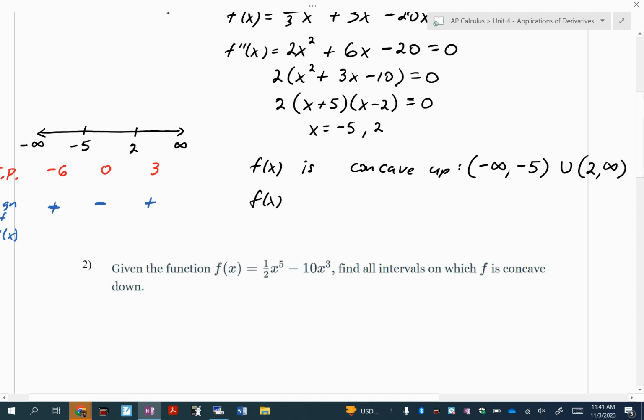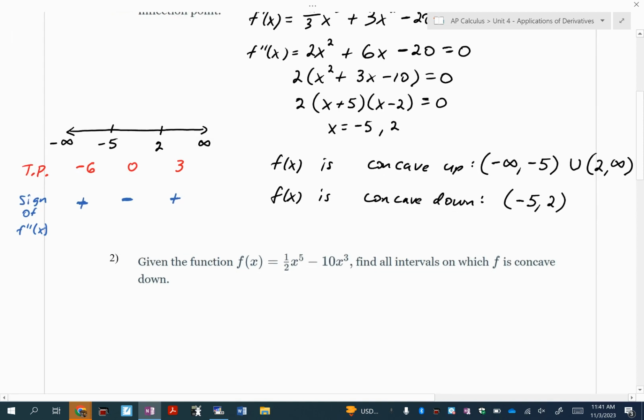The function is concave down for the only other one, which is negative 5 to positive 2. I'm going to pause here. I'm not done, but I'm just going to pause.